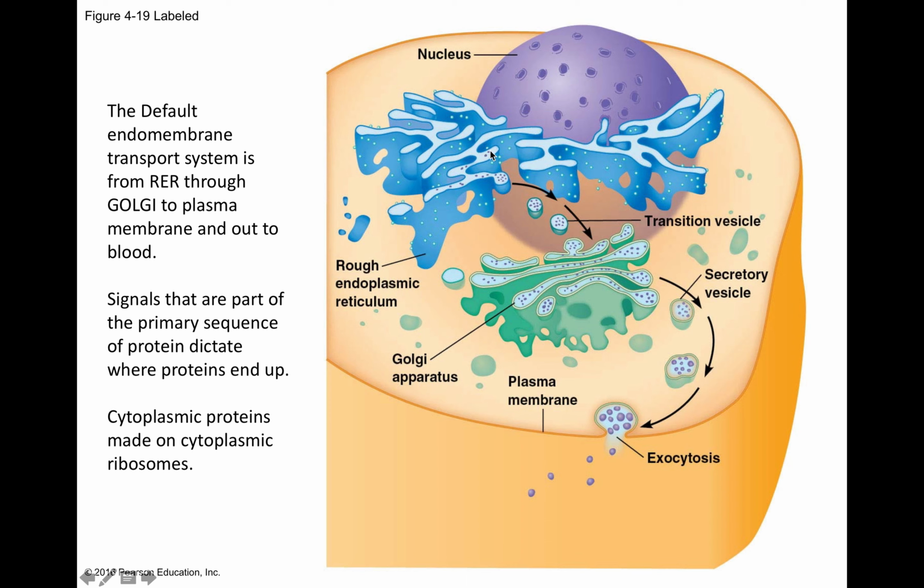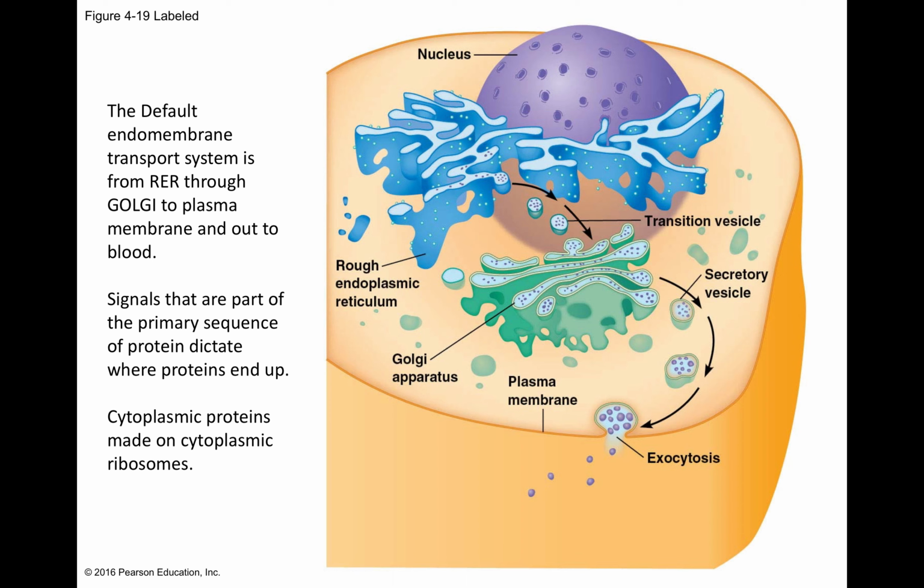If a signal that is part of the mRNA does not tell the protein to do something else, this is what will happen by default. So if there's a signal on the protein saying be translated on the rough endoplasmic reticulum and then no other signal telling it where to go, it will end up being exported out of the cell.